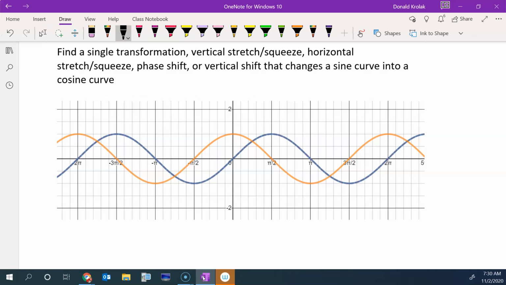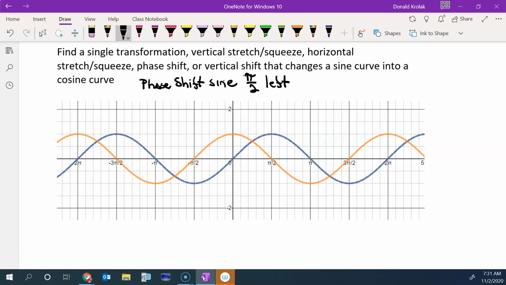So if I wanted to shift, so what we just figured out is, let's see, perform a phase shift. Okay, so we'll just write phase shift sine pi over 2 left. Okay, how would you write that out?